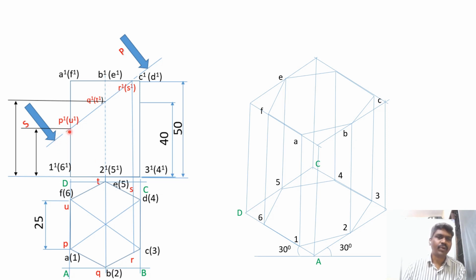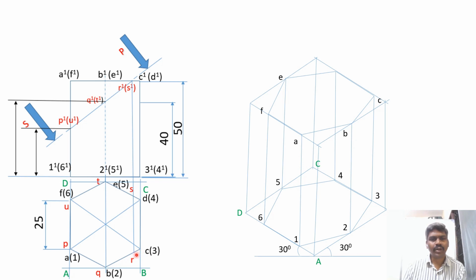So you find the height from here. For P and U, you find the height from this front view, then you transfer here. Similarly, for Q and T, you find the height from here, then you transfer to this isometric view. Then the R section point is available on the top edges. You find it on the B to C side, but it is nearer to the C point.